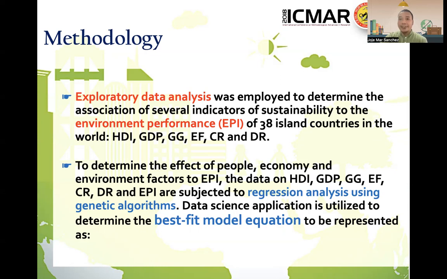Data science application is utilized to determine the best fit model equations to be represented as EPI as a function of the independent variables HDI, GDP, GG, EF, CR, and DR.